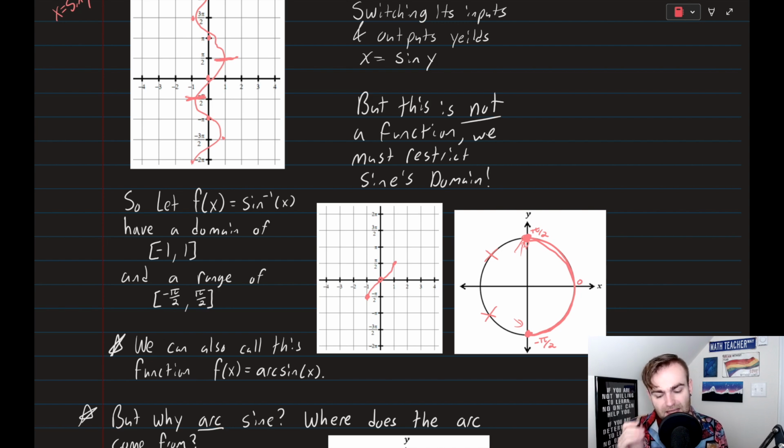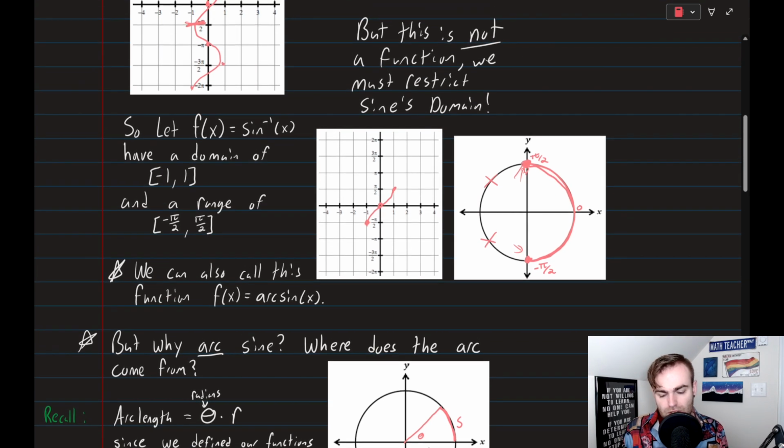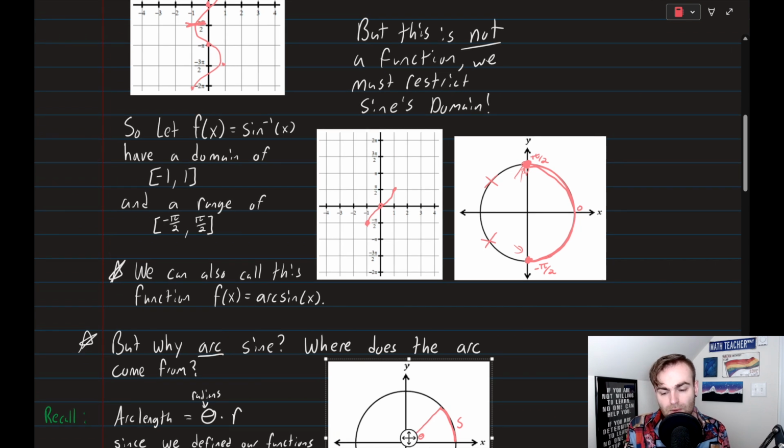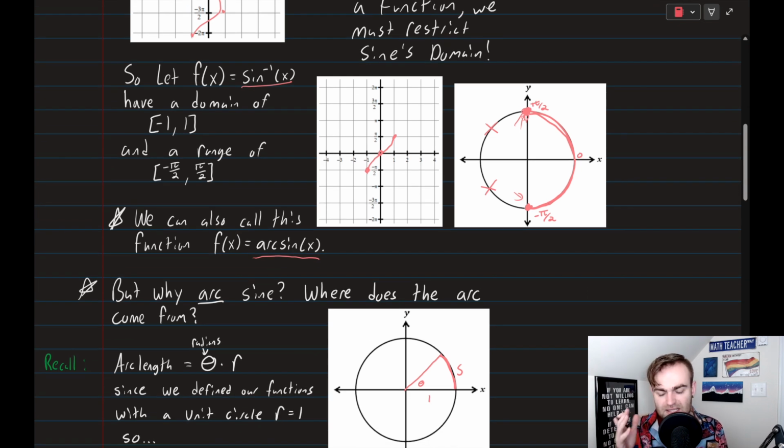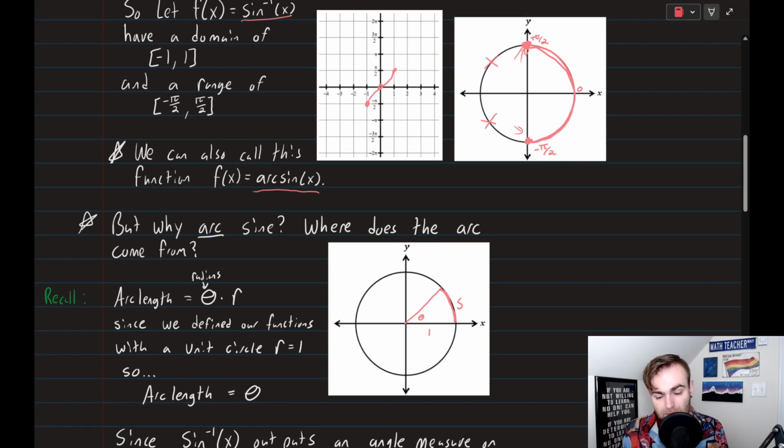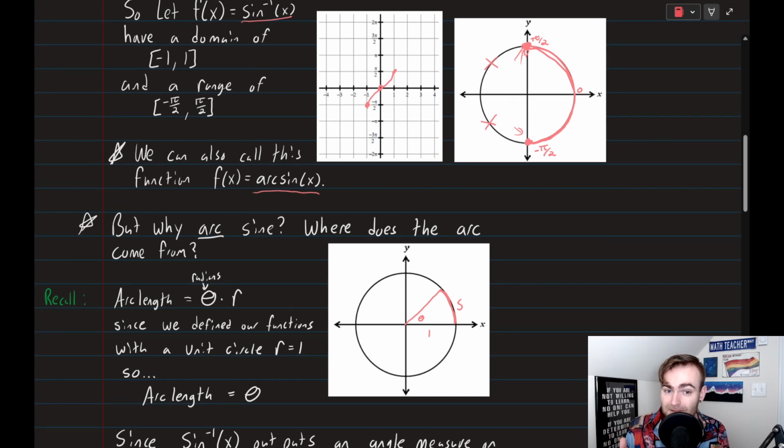So here's something else that's important to know. We can also call this inverse sine function the arc sine function. Why arc sine? Where does the arc come from? I think it comes from a very beautiful place, which is the arc length formula. We learned before that arc length is equal to the angle in radians times the radius of the arc.